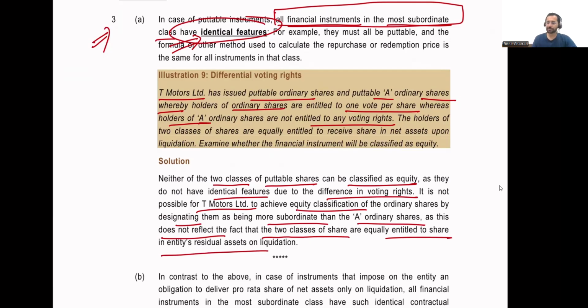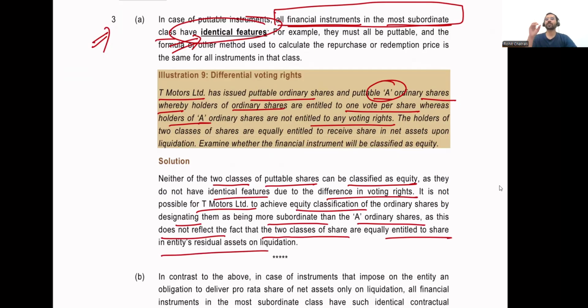What the last part of the solution is trying to say is we cannot say that class A is inferior to normal class just because class A shares do not have voting rights, because class A shares are also entitled to a pro rata share in the net assets.